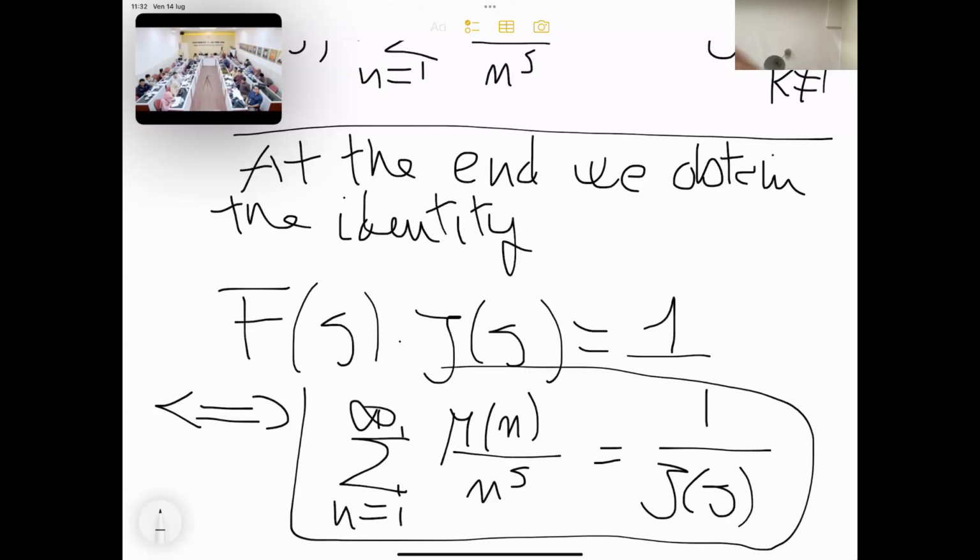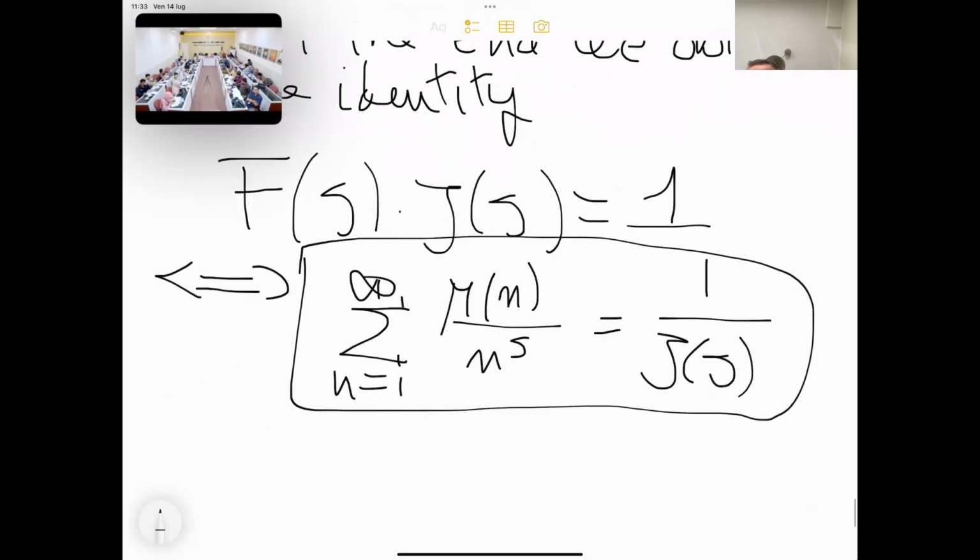Okay, well, this is a very important identity, right? It is also telling us that the mu function is not coming from nowhere. The mu function is very natural. The mu function is the coefficient of n to the s when we write the inverse of the Riemann zeta function as a Dirichlet series. So we could have defined the mu function starting from this identity, but it would have been much more complicated to deduce other properties.